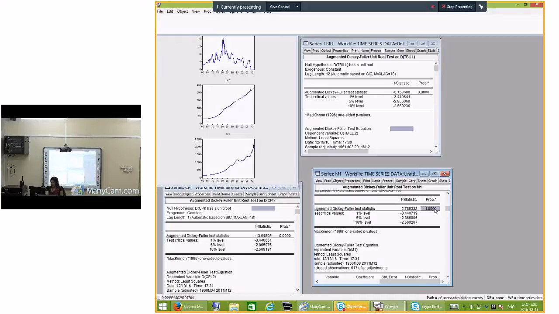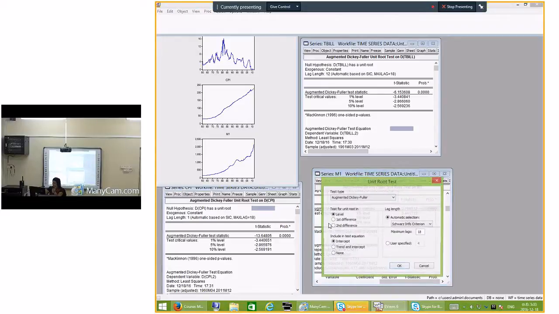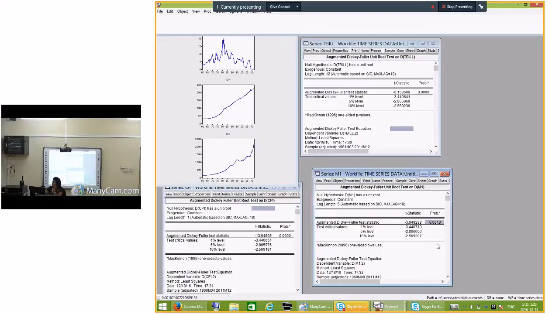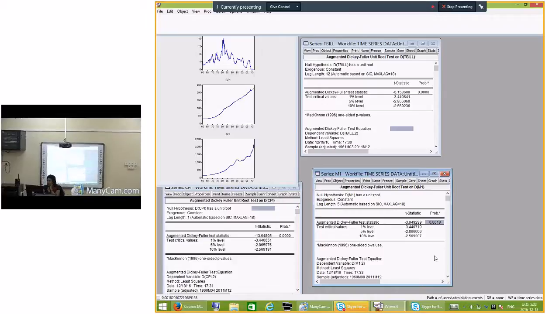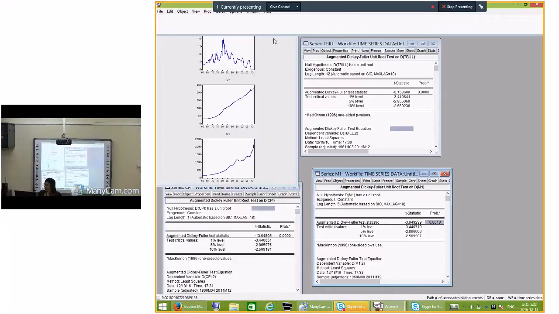That's why we need to die out the impact of the shocks. Then do the same unit root test for the first difference series. Then you can see the first difference series are okay. Now all the first difference series are stationary.